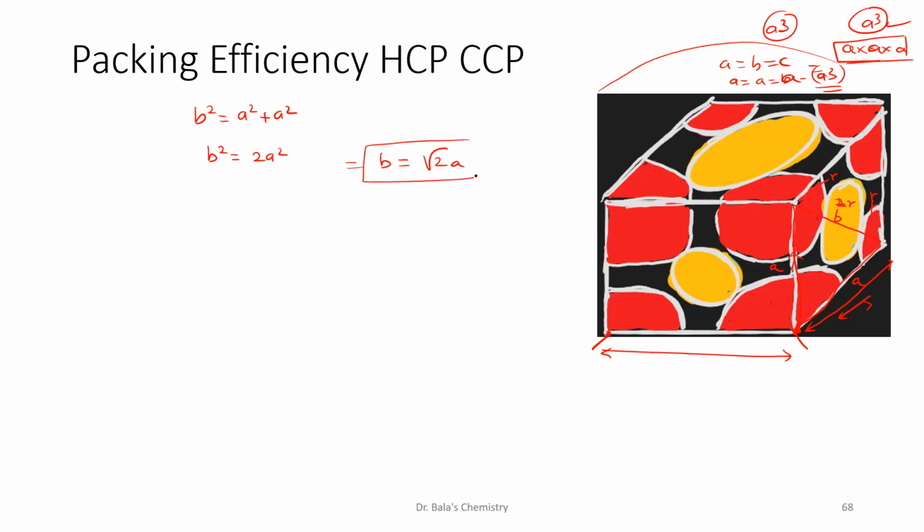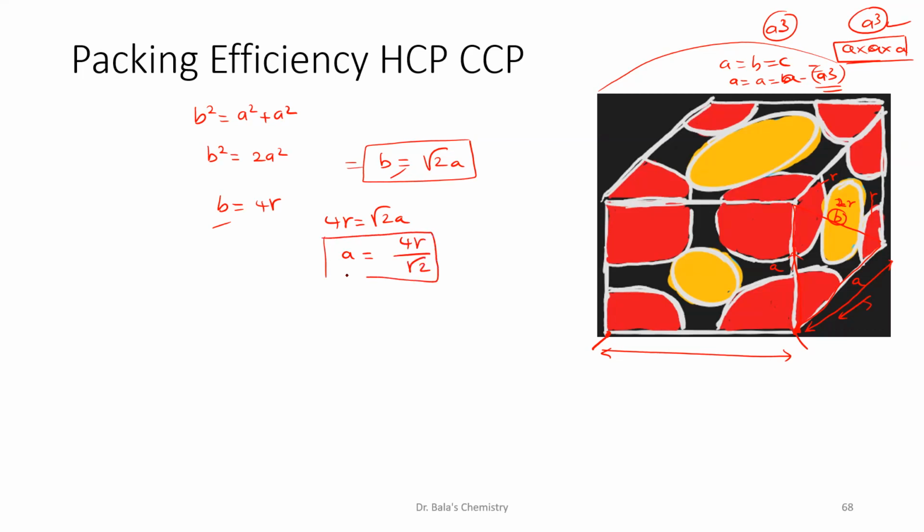So this is the value I'm getting for B. And B in terms of radius is 4R. Now this B and this B are both equal, so 4R equals root 2 A. I just have to calculate the edge length, and the formula is A equals 4R by root 2.